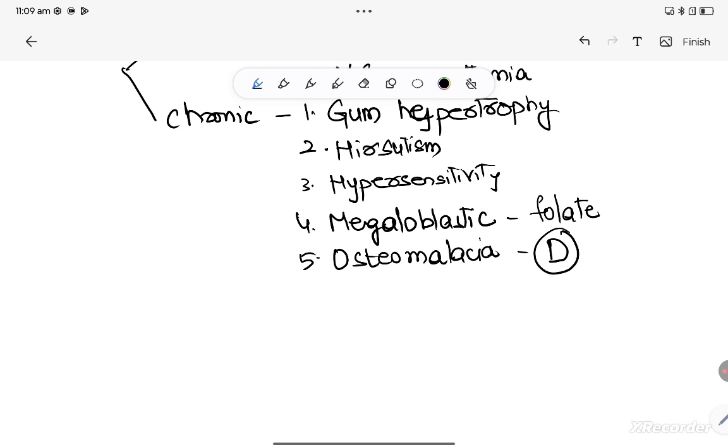And finally, in a case of pregnancy, if a patient takes phenytoin, the fetus will end up in fetal Hydantoin syndrome. The characteristic feature of fetal Hydantoin syndrome is cleft palate.